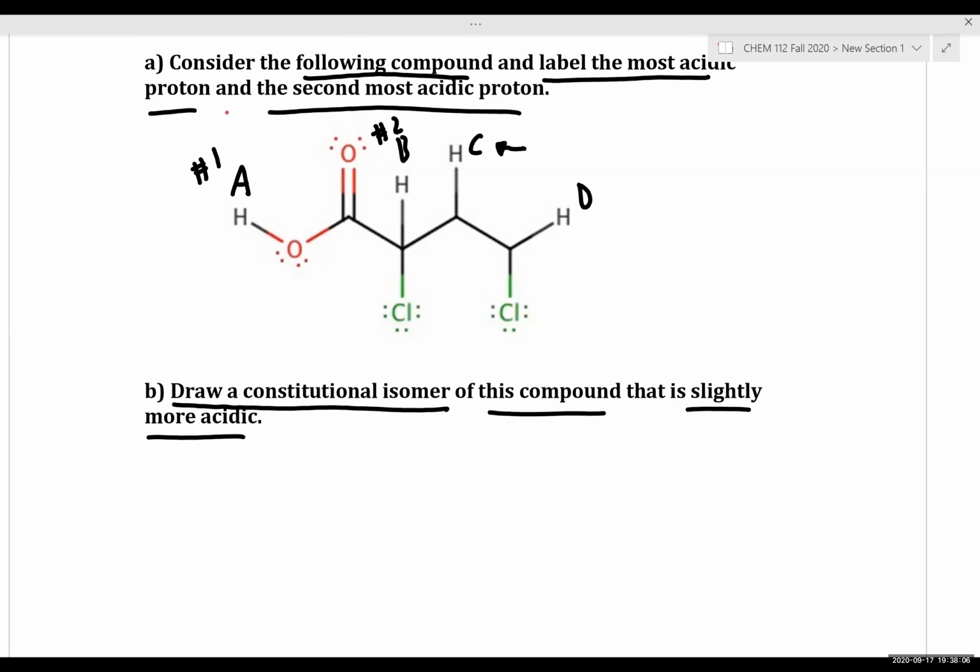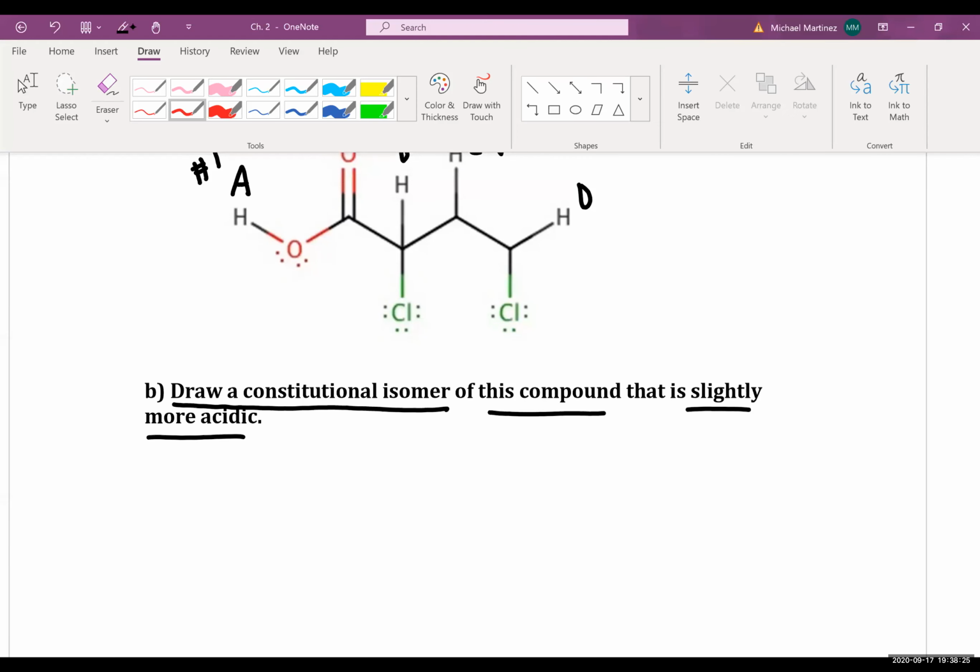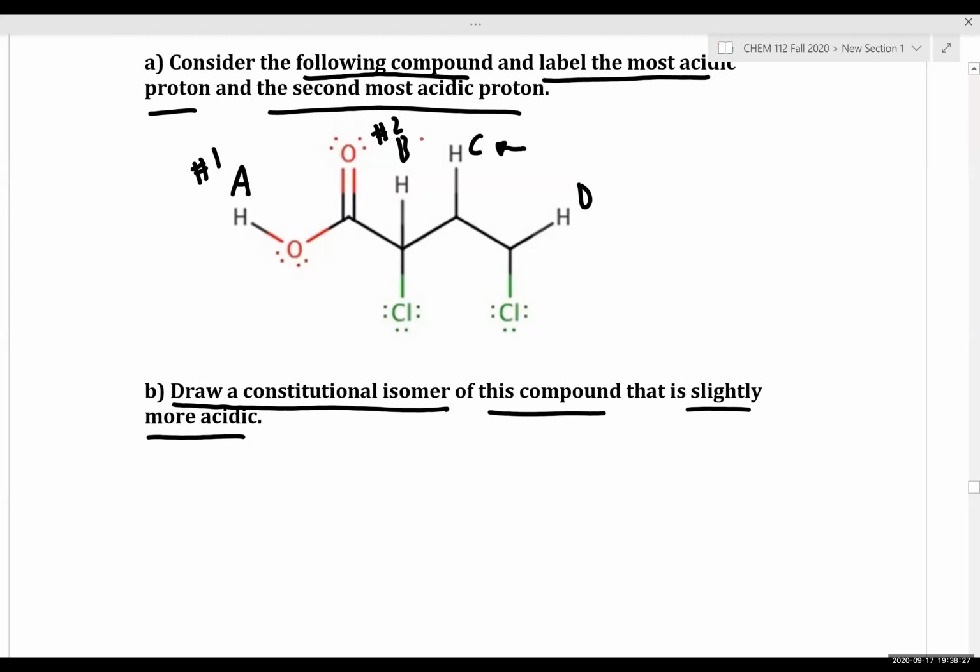Does anyone have any other suggestion for the most acidic proton in this molecule? Okay, so let's discuss now. So we have another proposal that B is the most acidic.